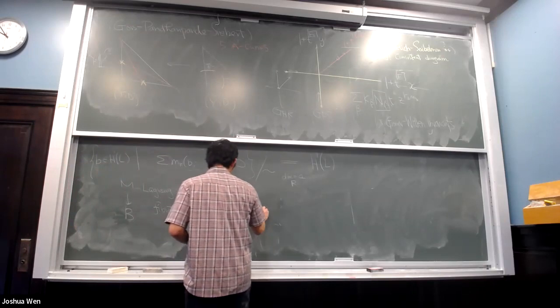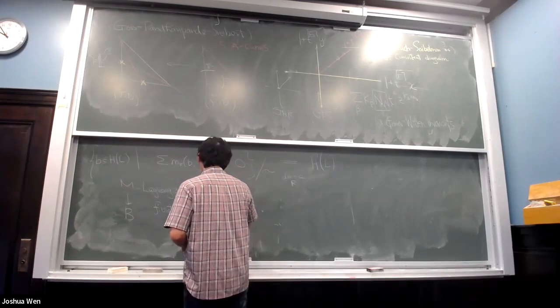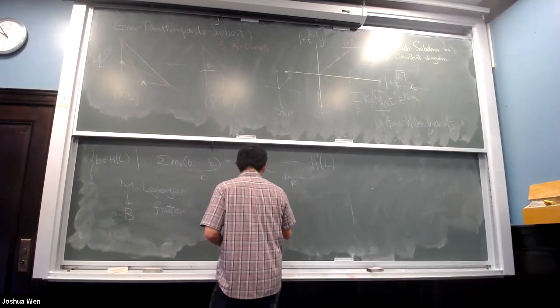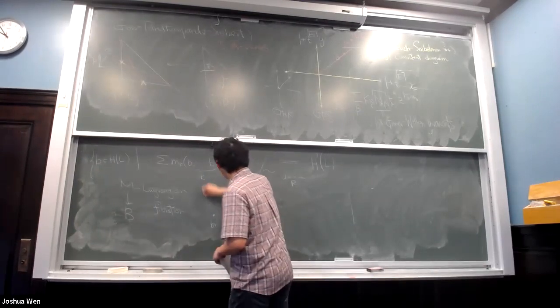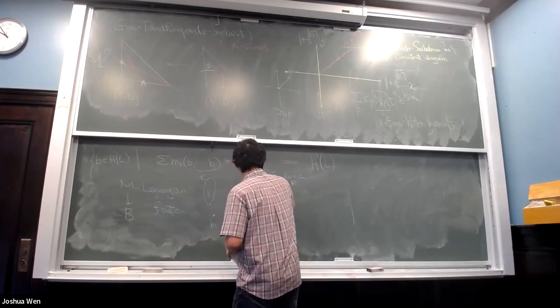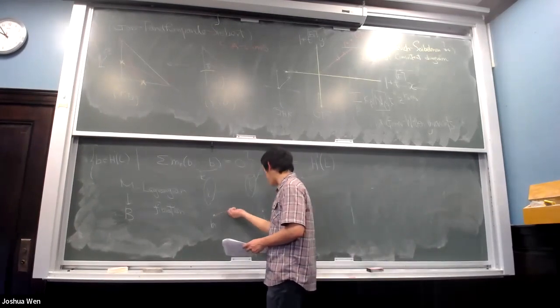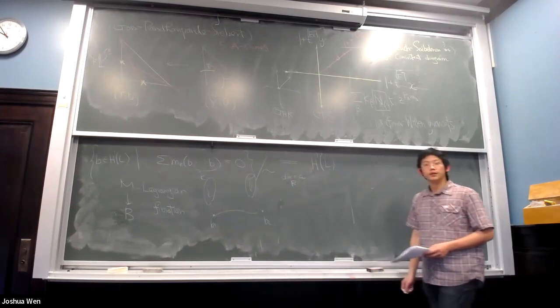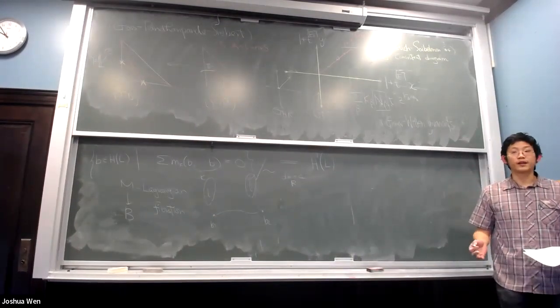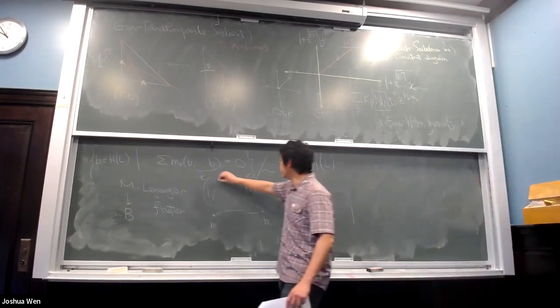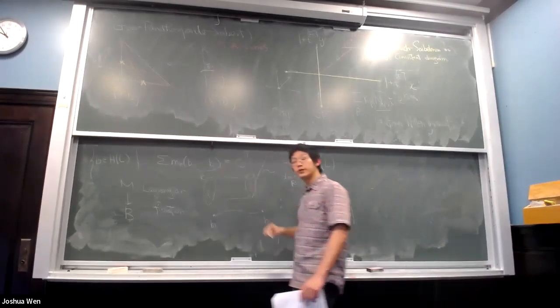So now I have 2 points. Maybe I'll call it B1, B2. Upstairs, there's a corresponding fibers of Lagrangian fibration. Now I can consider a piece of path. So it's very natural to expect that A-infinity structure is like you're going to have a cobordism of these Lagrangians upstairs.